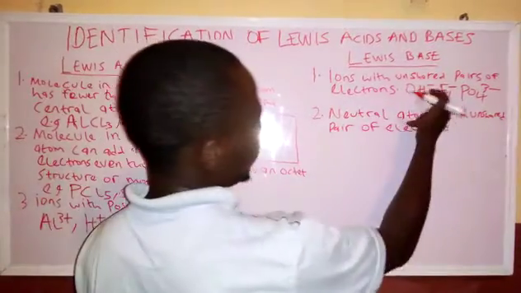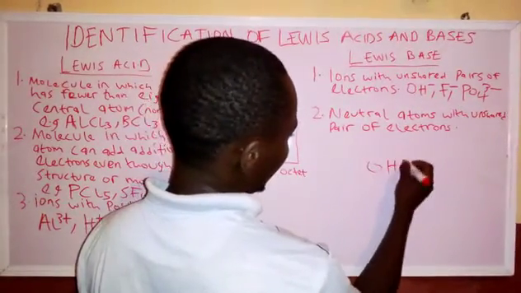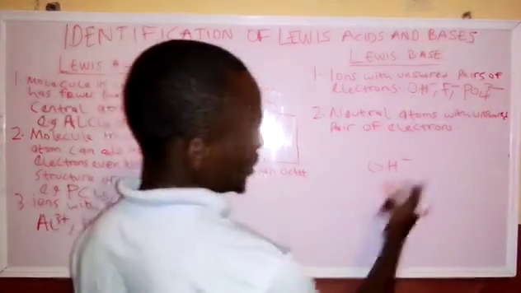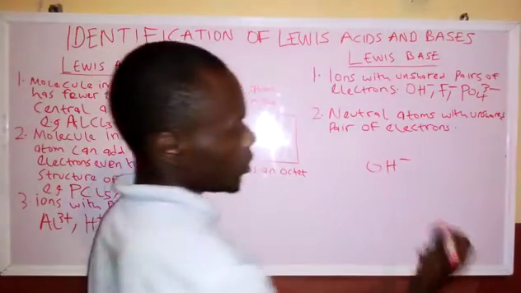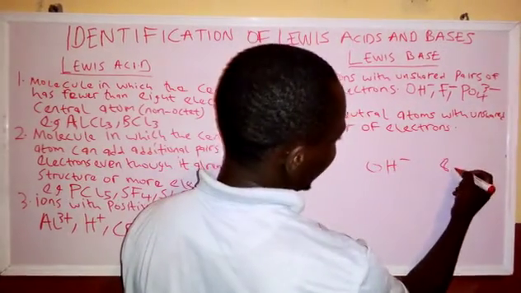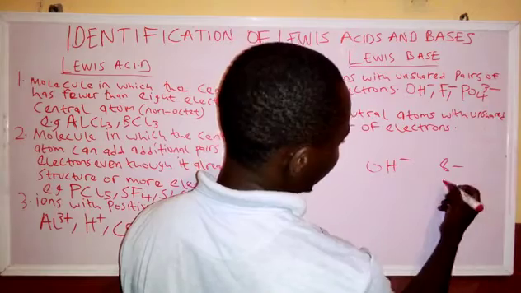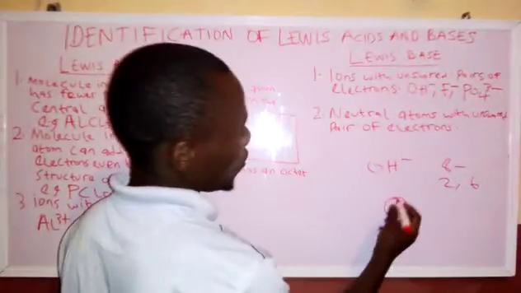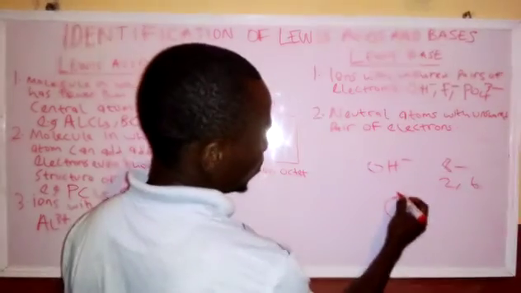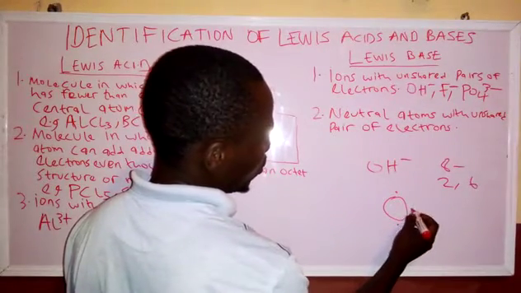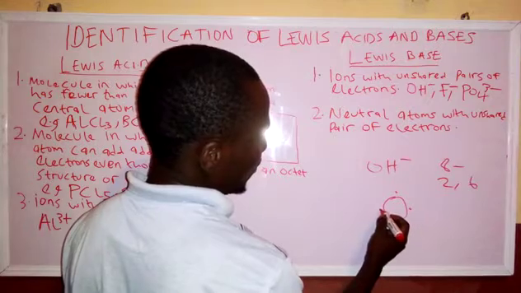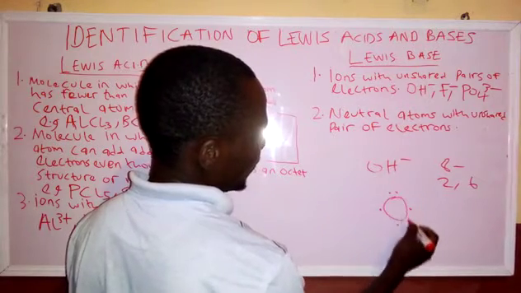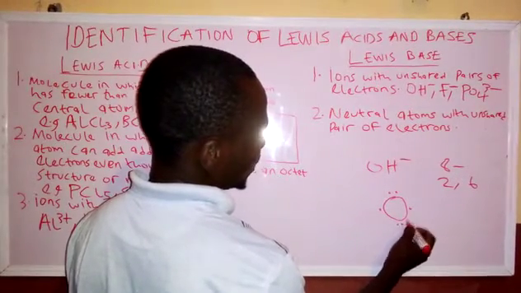Okay. Look at OH negative. Let me use that as an example. Now oxygen is the central atom. Oxygen has atomic number of 8, so that's 8 electrons. We'll break that as 2, 6. So now let's write the electron dot for oxygen: 1, 2, 3, 4, 5. Let's put 6 here.